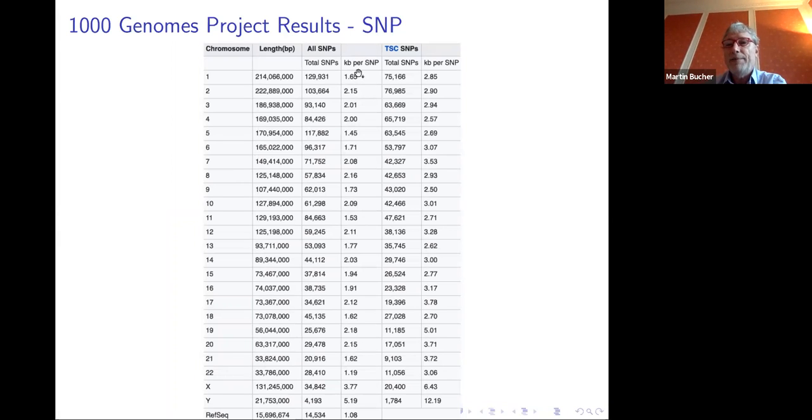And this is the number of kilobases per possible mutation. So it's 1 in 1,000 or a few thousand, it depends on the particular chromosome, and the male sex chromosome has the most.